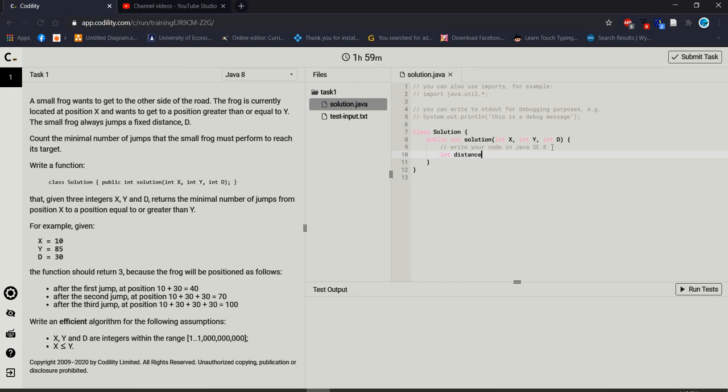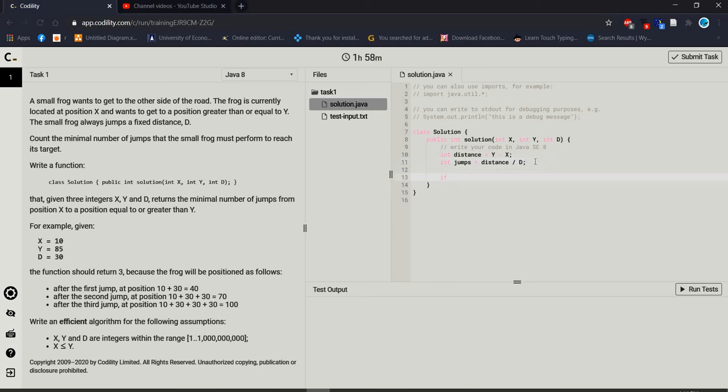The distance equals Y, the destination, minus X, the present position. So the total destination minus the present position is what the frog should jump. Now we have to check how many jumps the frog should use. D is the value of the fixed jump.